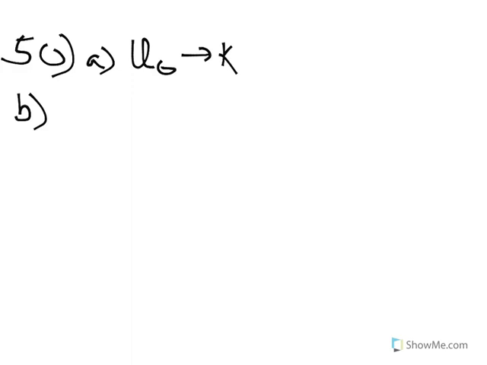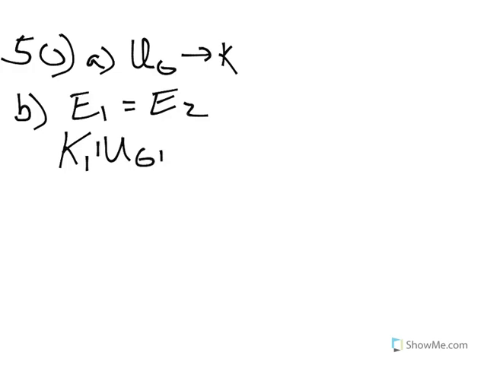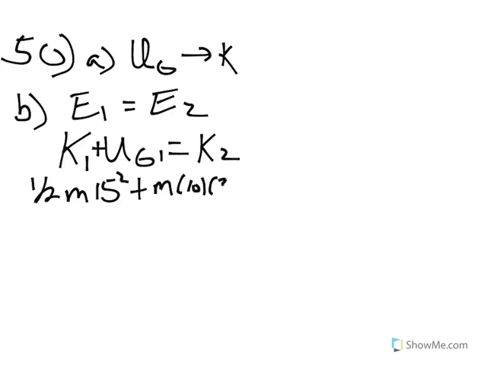So for B, we have E1 equals E2. Now at the top of the hill, she's got kinetic energy and potential energy. And then at the bottom of the hill, she just has kinetic energy. So 1/2 times m times 15 squared plus m times 10 times 3 equals 1/2 times m times v squared, the v that you're looking for.